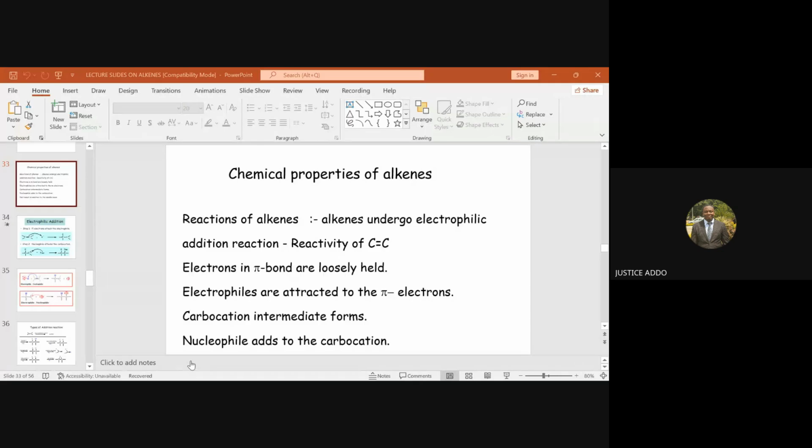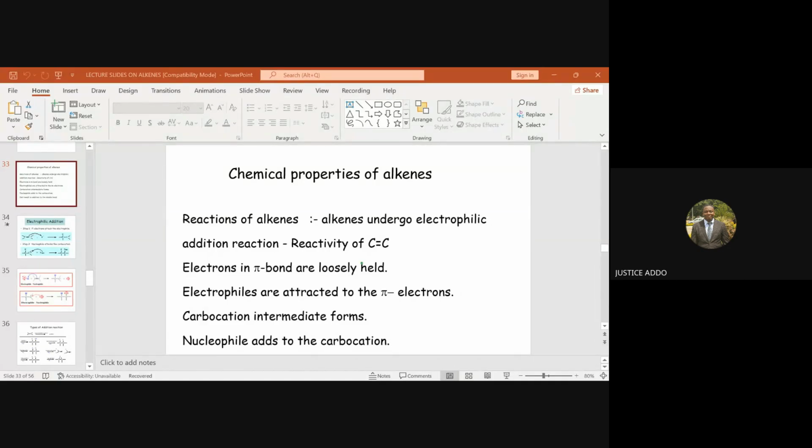But how come that alkenes are very, very reactive? The reason is the presence of the double bond, which is made up of one sigma bond and one pi bond.